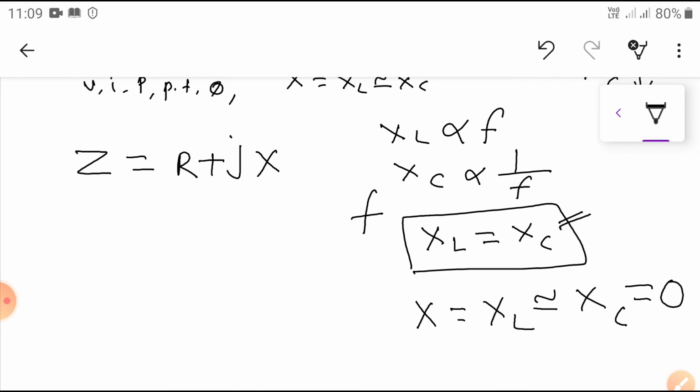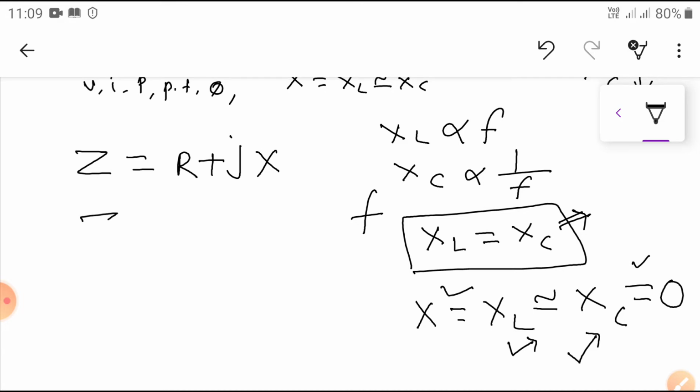When the frequency is changed from a low value to a higher value, at one frequency the inductive reactance is equal to the capacitive reactance. At that condition, the ohmic value of the inductive reactance is equal and opposite to the capacitive reactance. So this minus this is equal to 0, the X value becomes 0.